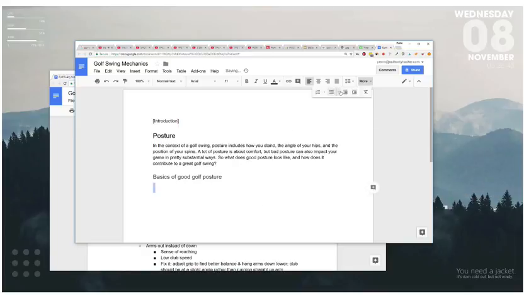Your feet should be shoulder width apart, and you should feel balanced with the center of your stance, the middle of your stance, without too much weight on either your heels or the balls of your feet. I'll make this bold.